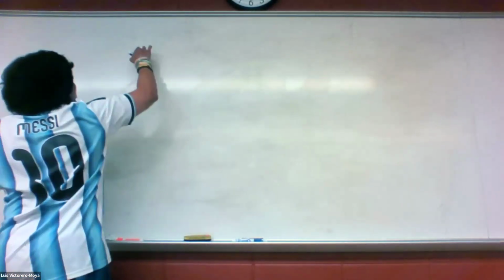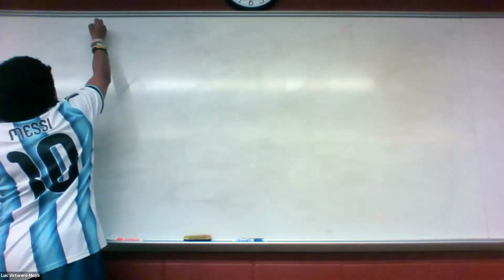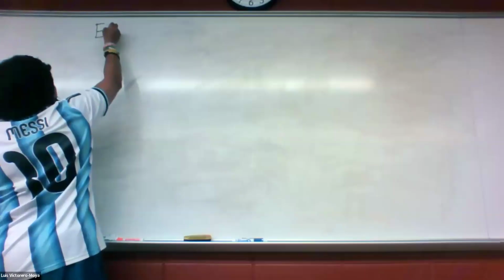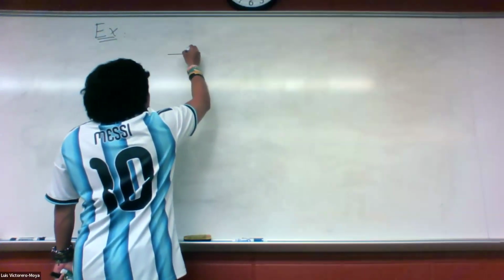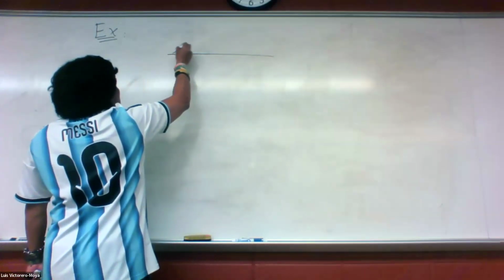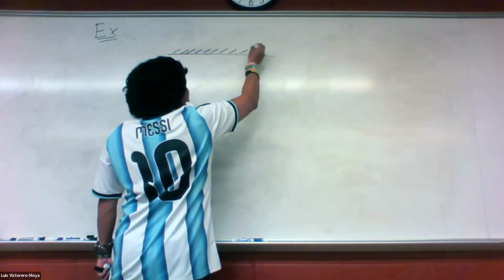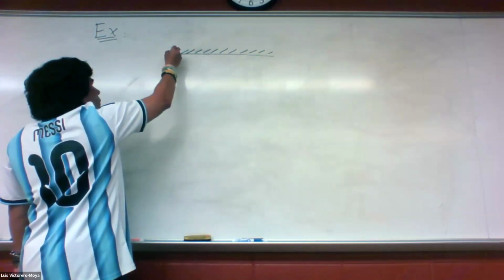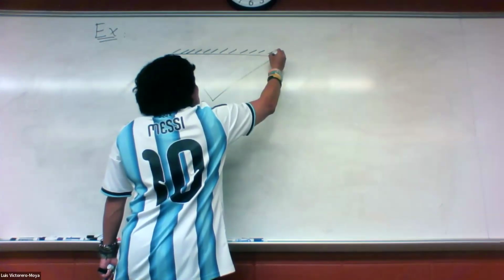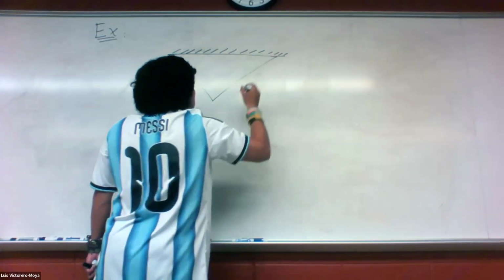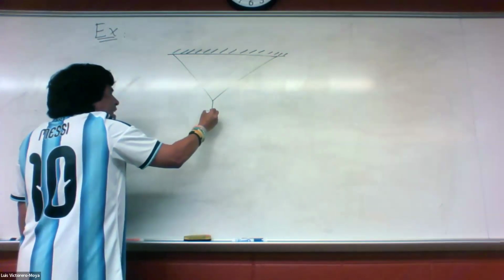So, example here. You're given, again, the ceiling, one rope like this, one like that, and a mass hanging.